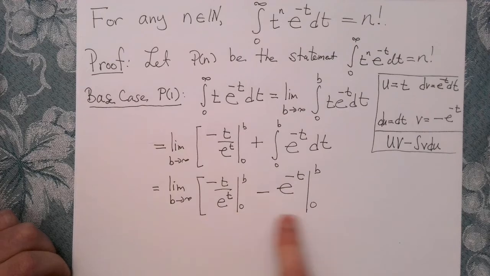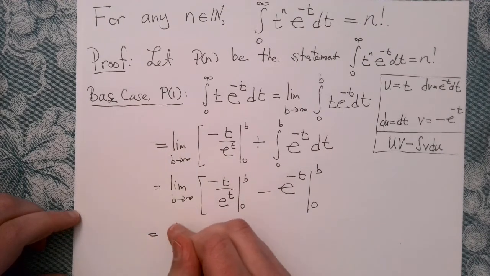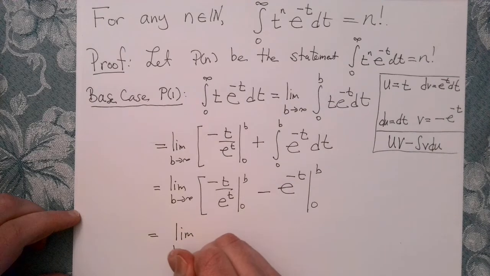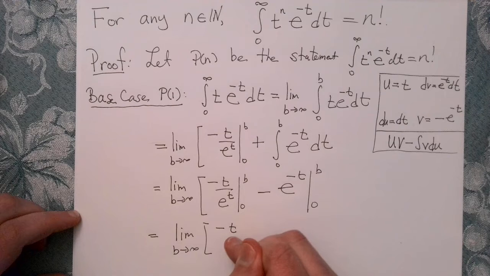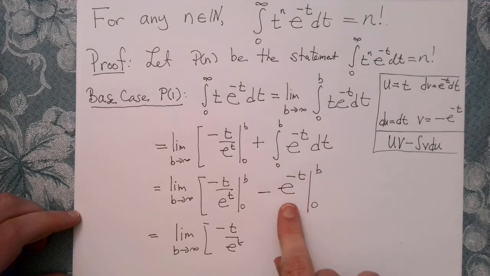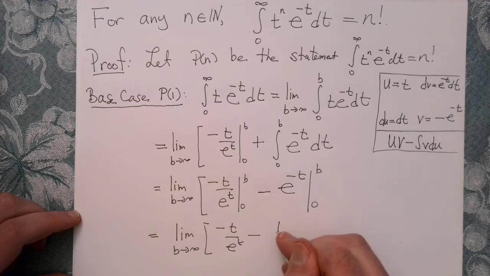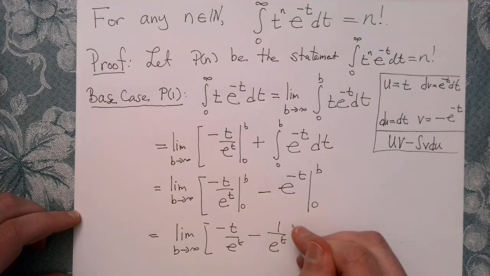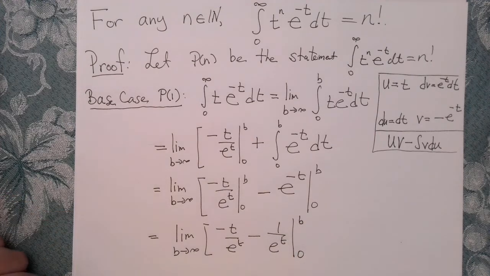But I can write these all as one expression evaluated from 0 to b. So I've got minus t over e to the t, and then here I can write this as minus 1 over e to the t, evaluated from 0 to b.